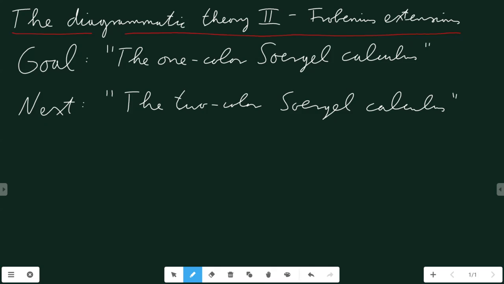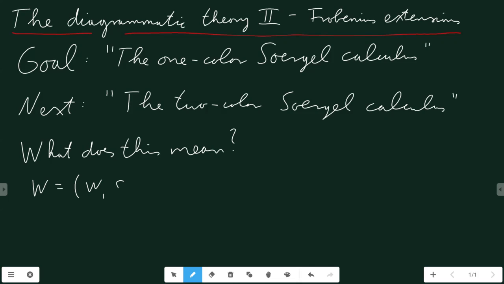And the point here is, so what does this mean? Well, remember that we have W, our Coxeter group, so there was some associated Coxeter graph, whatever it is, something like that. And that's how the Soergel calculus will work, I want to think of the vertices, so the simple reflections, as being colors.